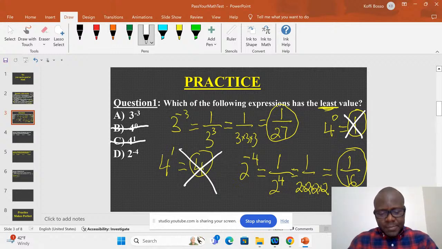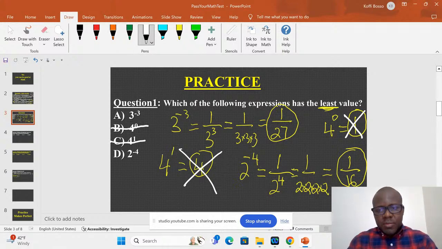Understand that when you have fractions where the numerator is 1 and the denominator is more than 1, the value has to be less than 1.